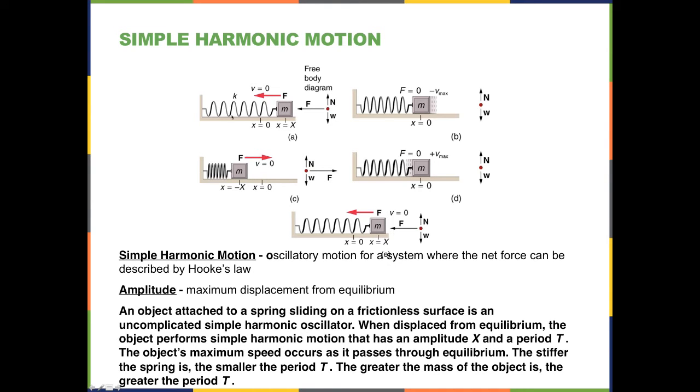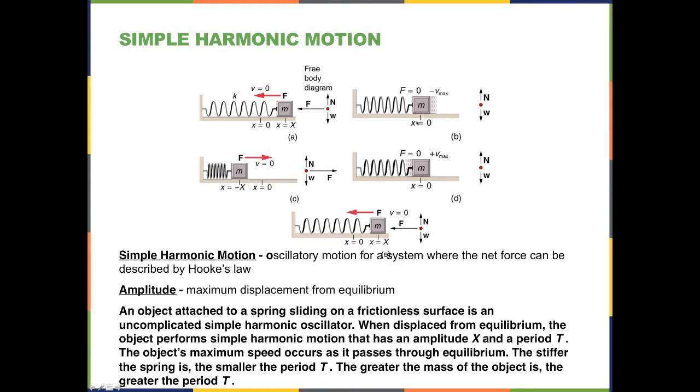So an object that's attached to a spring slides back and forth on the surface. When it reaches its maximum displacement in one direction, that's the amplitude, that's A, or X, excuse me. It comes back in B here to the rest position. It then compresses to minus X. It then moves right back out to this point right here.